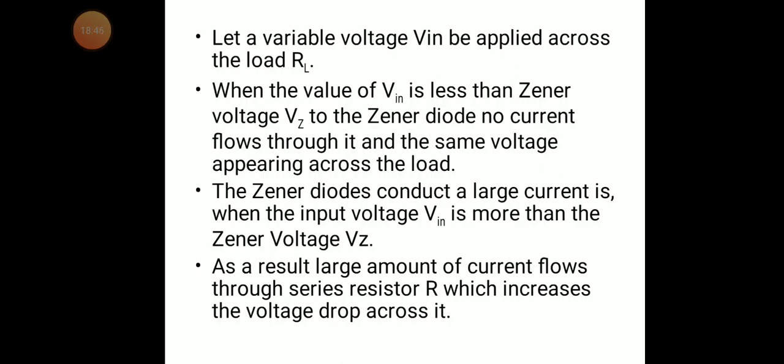Until it reaches the breakdown, whatever voltage we apply to the Zener diode appears across the load. So when the applied voltage Vin is less than the Zener voltage VZ, no current flows through the Zener diode.